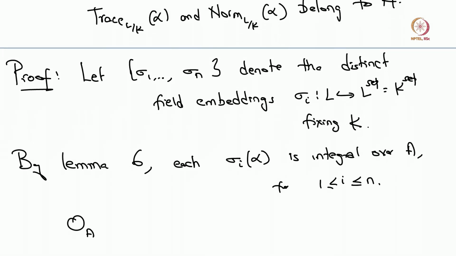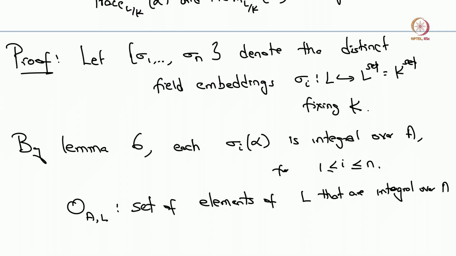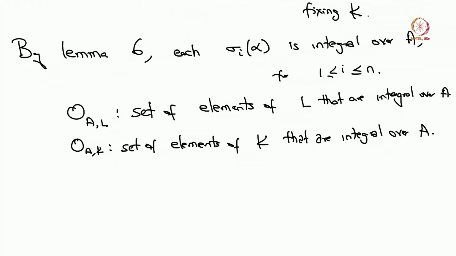Now, just to introduce some notation, let OAL denote the set of elements of L that are integral over A, and let OAK denote the set of elements of K that are integral over A. By proposition 2 from one of the earlier lectures, these sets are actually rings.